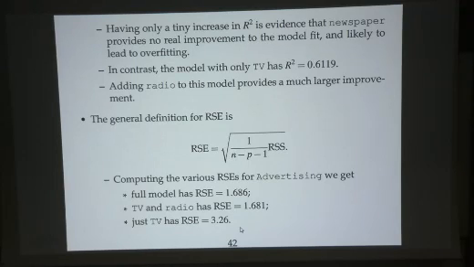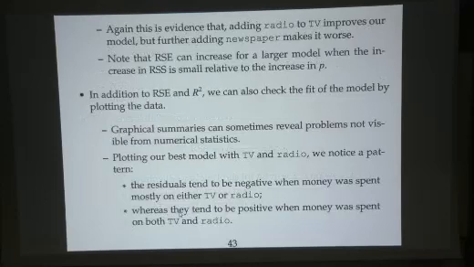And RSE also shows that if you include the newspaper, then the RSE again increases. So TV and radio seems like the optimum combination in this setup, and it has the lowest RSE. Adding radio to TV improves our model, but further adding newspaper makes it worse.